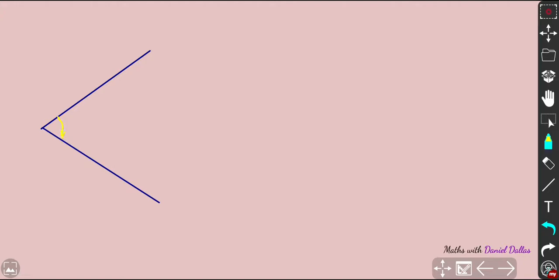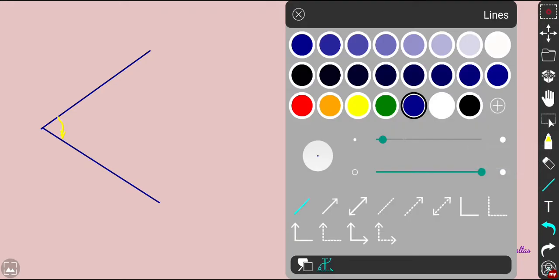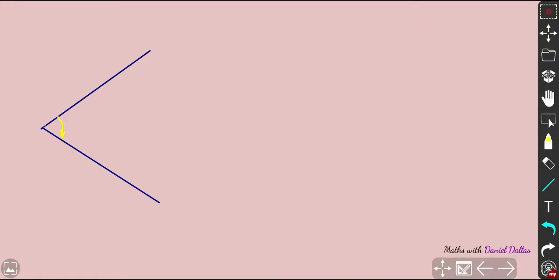The bisector of this angle is by definition a line segment that splits your angle into two equal halves. So right now you have angle alpha here and angle alpha there. So this is bisecting of the angle.